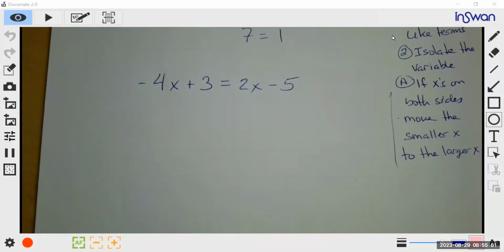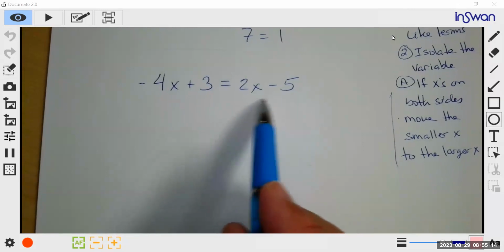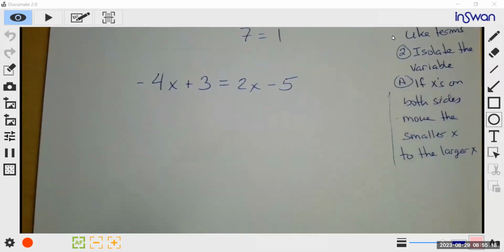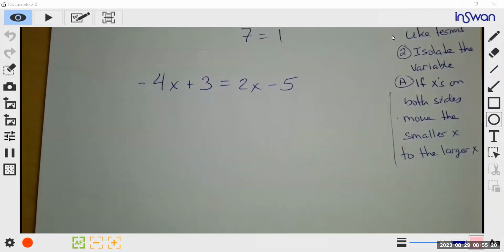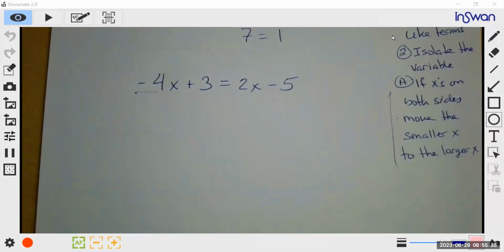Here's an example. We have so far only 2 steps in our process. What's the first step? On each side, can we combine anything else? No, so that's done. So step 2, since we have x's on both sides, move the smaller x to the larger. Which one do we move? -4, because -4 is smaller than +2.